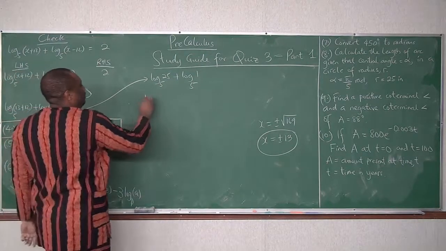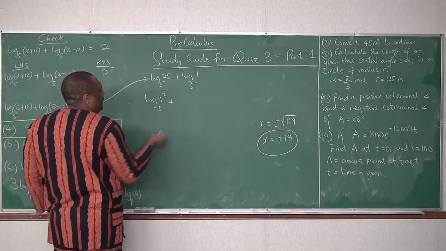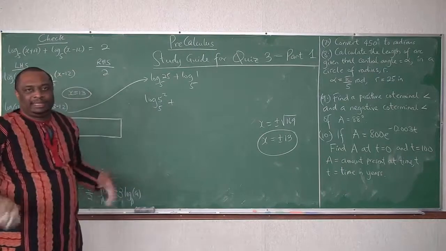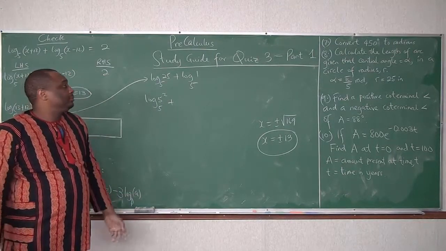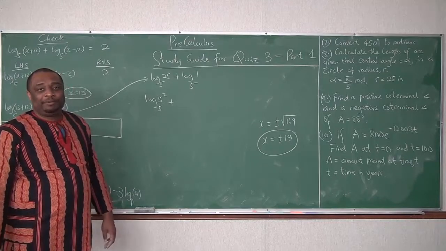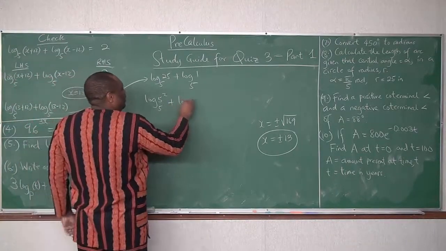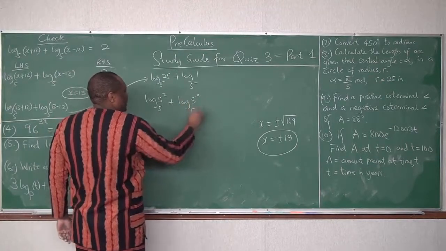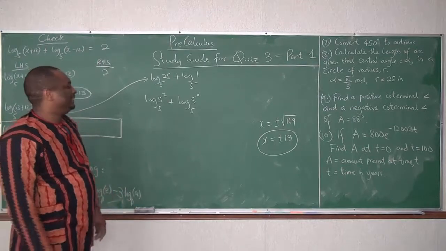So this is log 5 squared base 5 plus, log 1 to any base is 0. If you want me to prove it, this is log 5 raised to power 0 base 5, because anything to exponent 0 is 1.